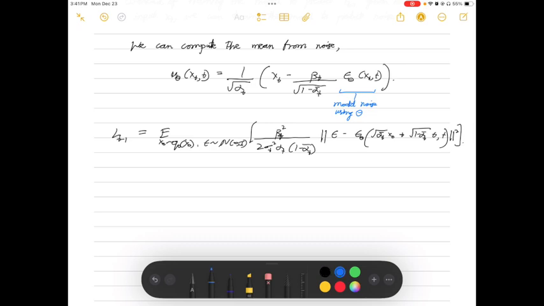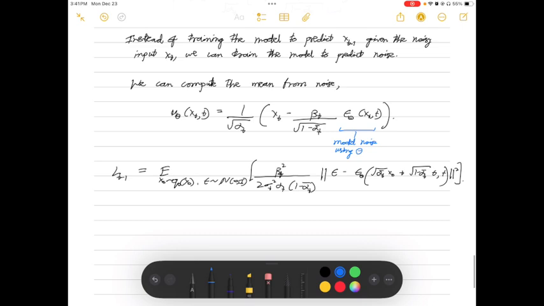So in this noise modeling framework, if you look very carefully, we will see that root over alpha t bar times x0 plus root over 1 minus alpha t bar times epsilon t, this is the sample at time step t.